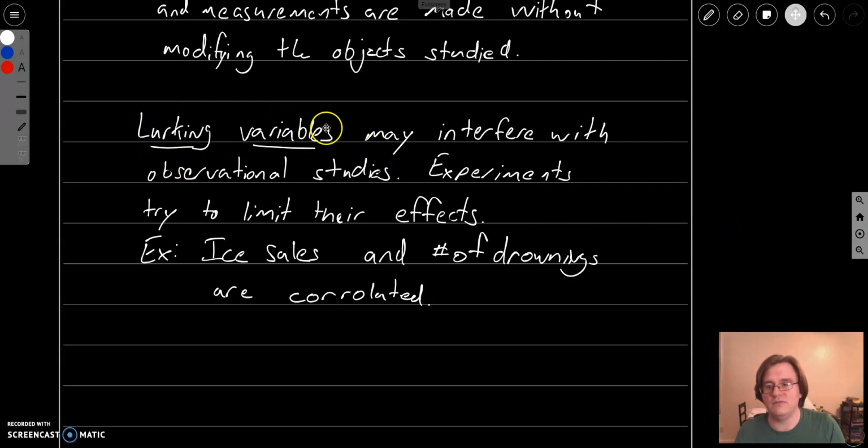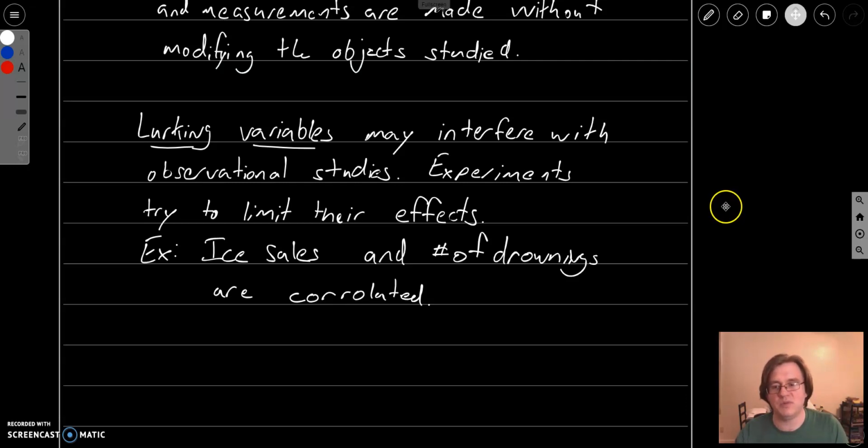One reason why we might want to have an experiment rather than an observational study is what are called lurking variables. As an example, ice sales go up a lot when the number of drownings increases. A researcher might look at this and go, oh, maybe ice sales are causing drownings.